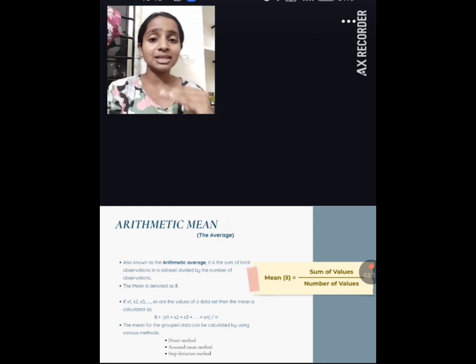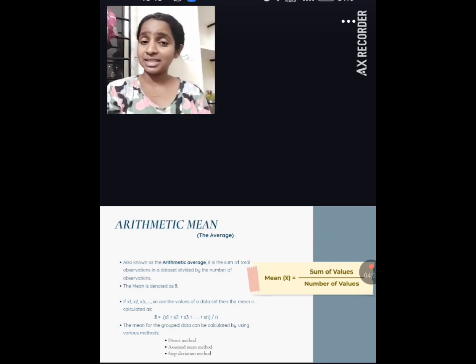For example, consider a class having n students with marks x1, x2, x3 till xn. Then the mean of that class will be x bar = (x1 + x2 + x3 + ... + xn)/n, or in condensed form we can write it as sigma xi by n, where i is equal to 1 to n. For ungrouped data, this is the equation for finding the mean.